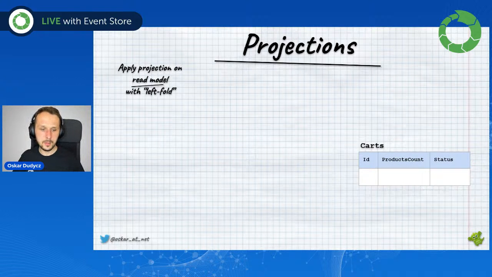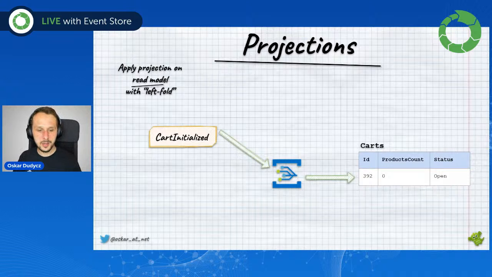So how to do that? Classically, and the most popular way, is to apply all of the events one by one. This approach is called left fold, because we are taking something from the left side and then applying it on the right side, as in this picture. We take the cart initialized event, and then we can create a new record in the database.